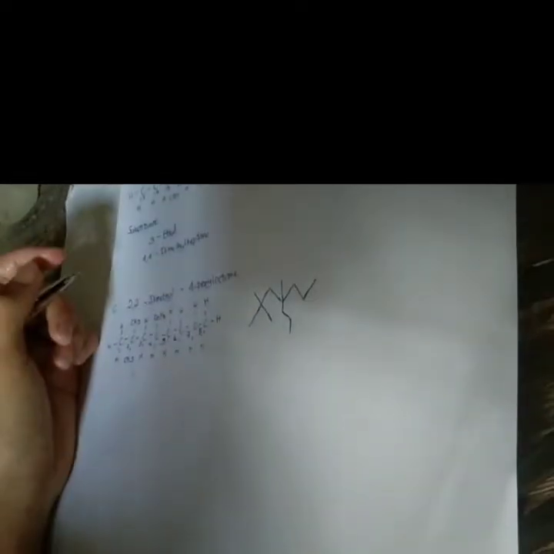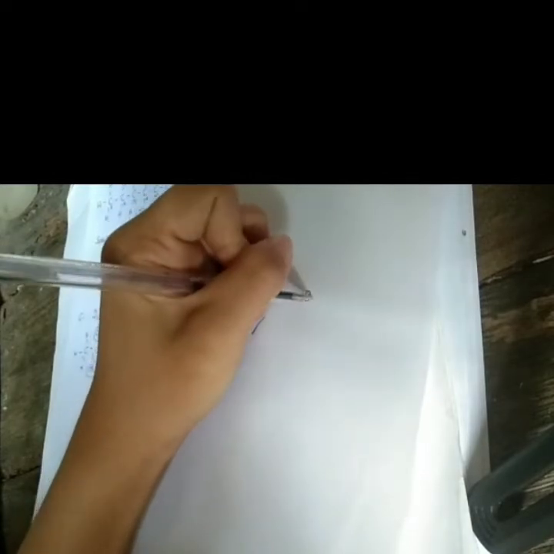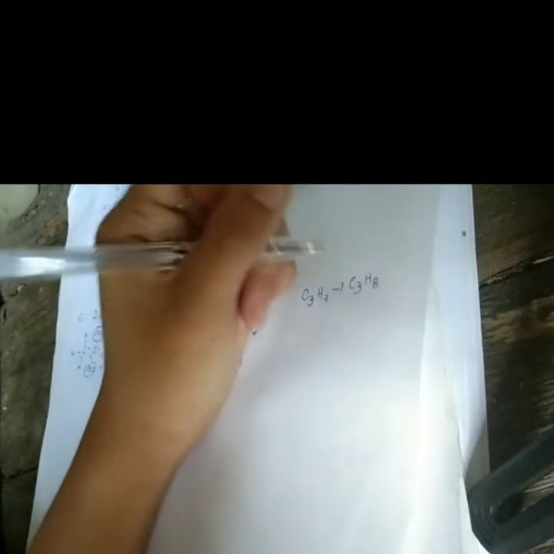So it says 2 methyl. So in 2 there is also 2 methyl. So here 4-propyloctane. Propyl. So when I say propyl, it is C3H7. But if it is propane, it is C3H8. But it says propyl, so we will go here.